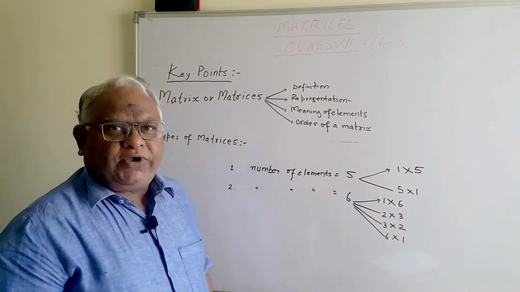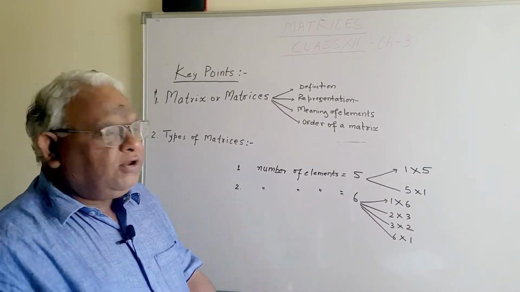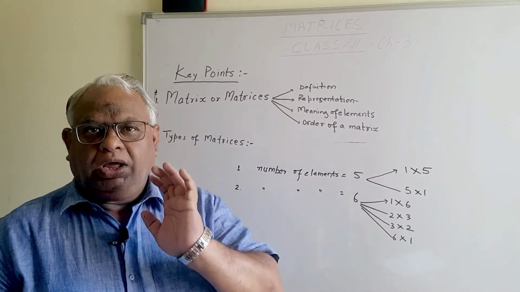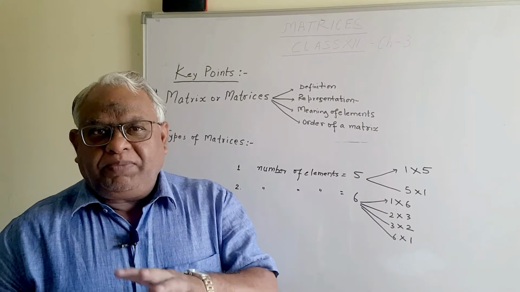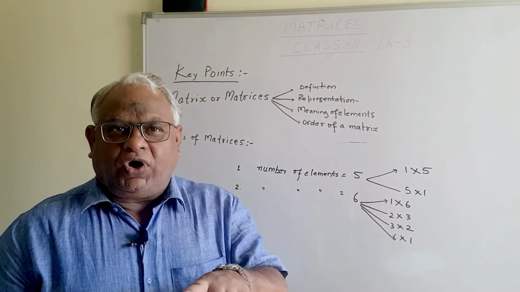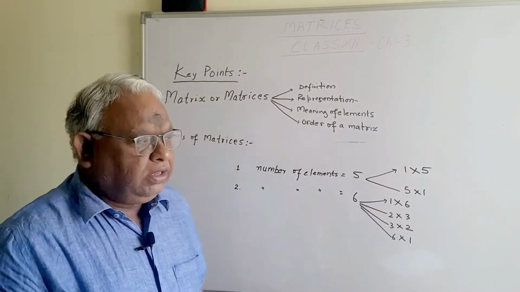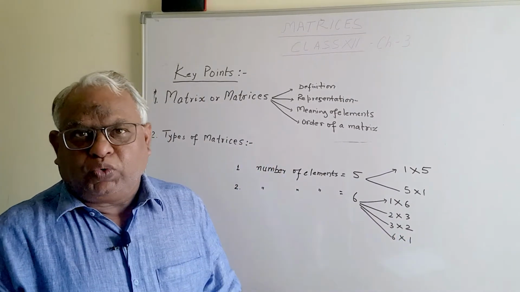Since this is a composite number, basically what you are doing is factorizing the number which is given to you. You will write all possible factors, keeping in mind that the reverse order makes a different sense. 1 into 6 is different from 6 into 1.